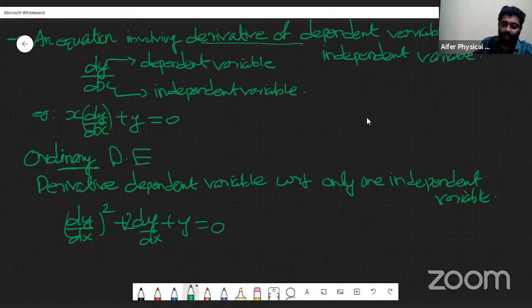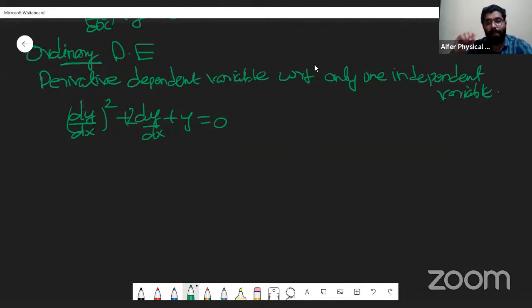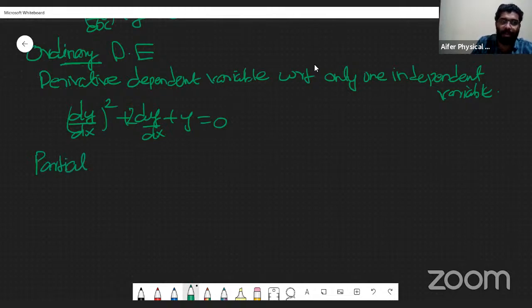So this is an ordinary differential equation. What if the dependent variable depends on more than one independent variable? Then it is called a partial differential equation. We will look into this later.